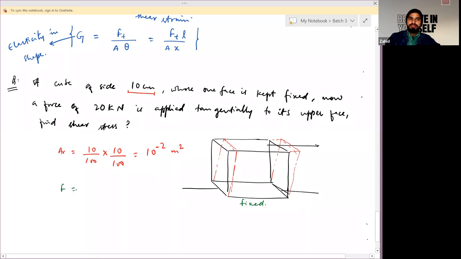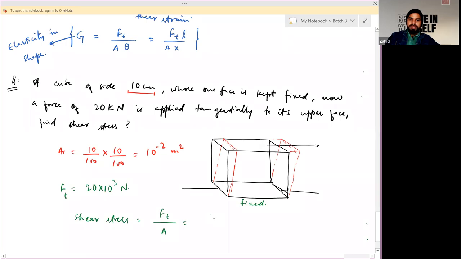We have force equal to 20 kilonewton. So it will be 10 to the power 3 Newton. Shear stress is basically tangential force applied per unit area.